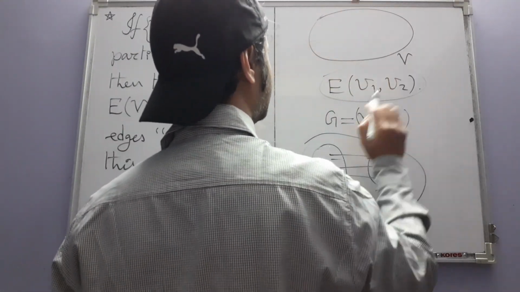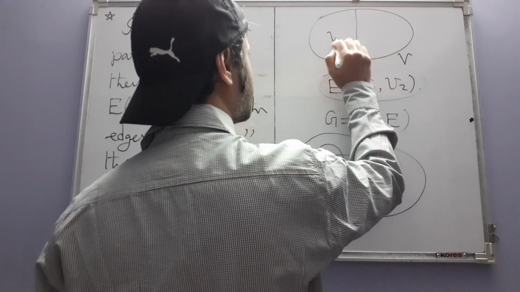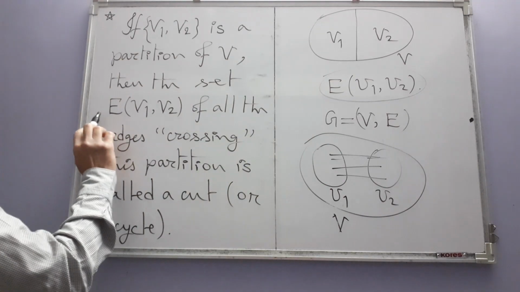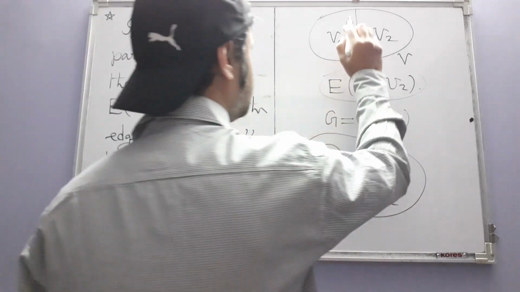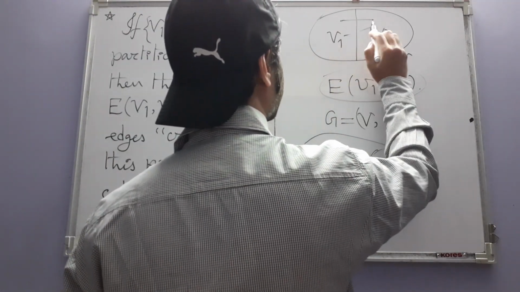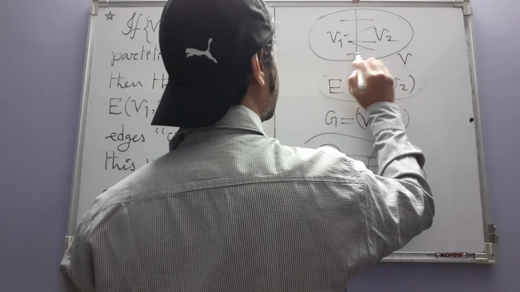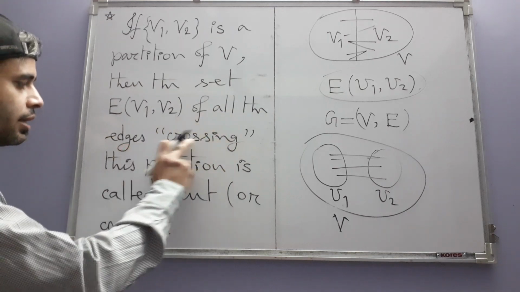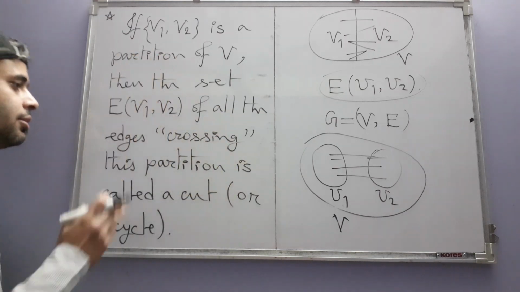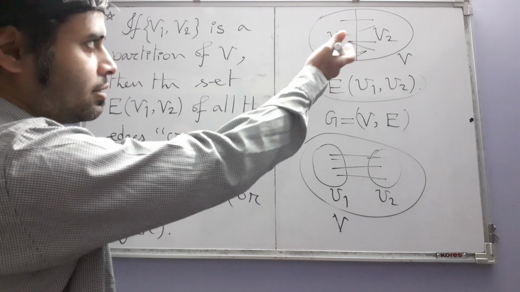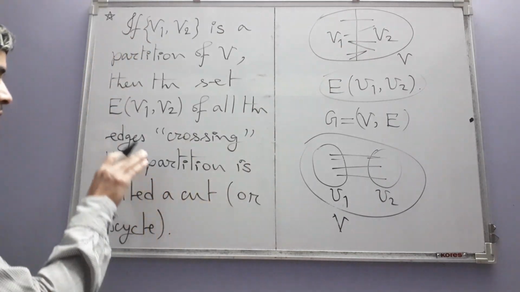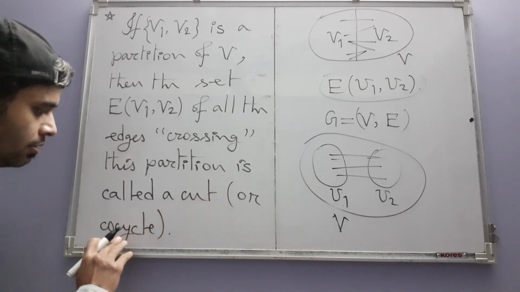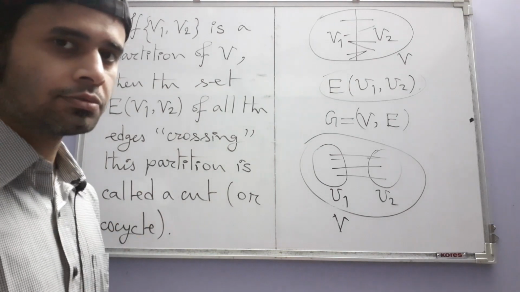So this is our V, and this is V1, this is V2. The set of all edges with one end in V1 and another end in V2 is said to cross this partition, and such a set is called a cut or co-cycle of the graph.